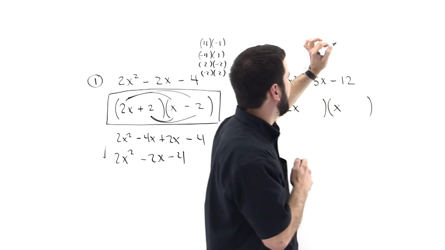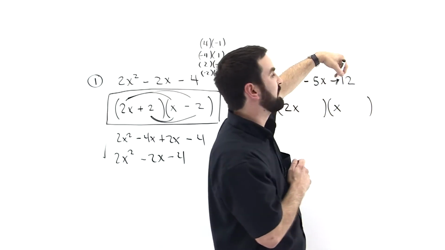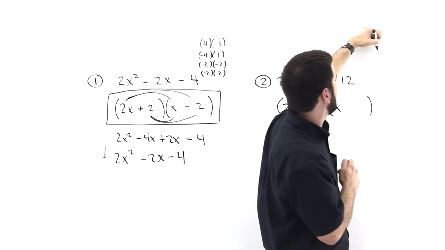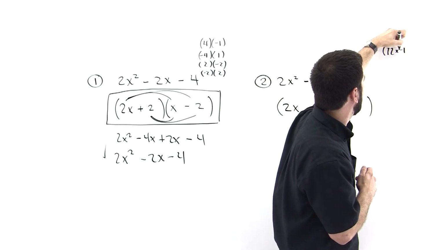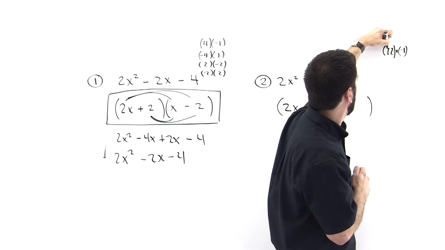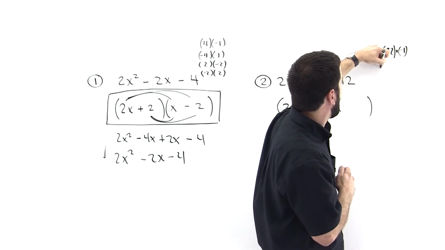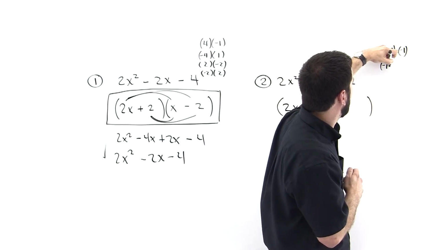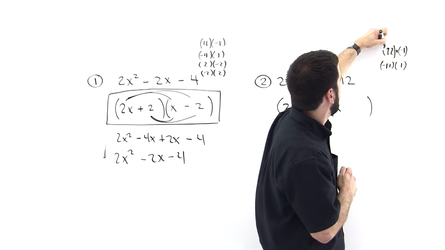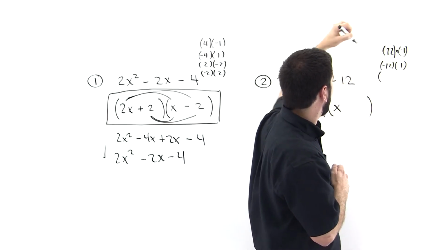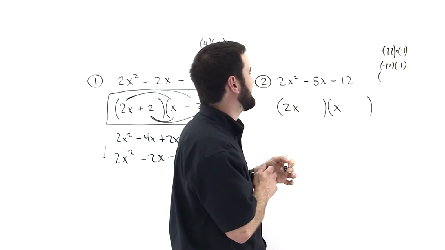So what are the possible factors for 12? Well, it's -12, right? So we could have 12 times -1 is one possibility. Or we could have -12 times 1. We could have, what's some other things? 6 and 2, right?